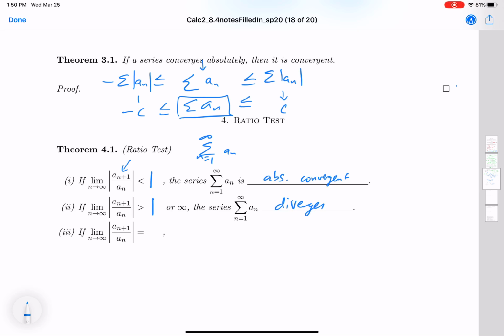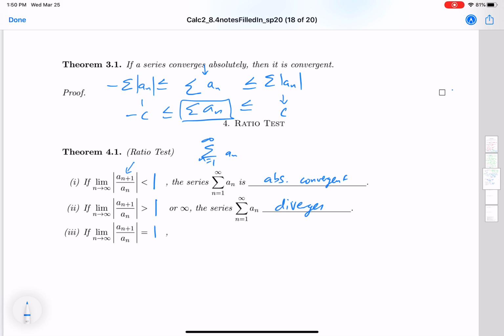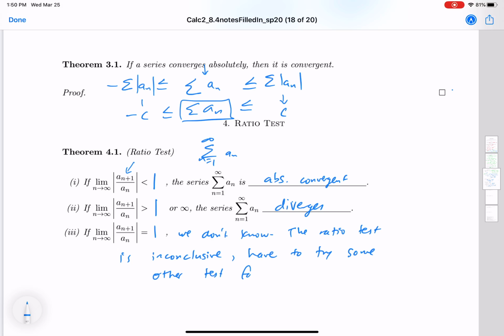And if you take that limit and it happens to equal 1, then we don't know. The ratio test in that case is inconclusive, and you have to try some other test for convergence.